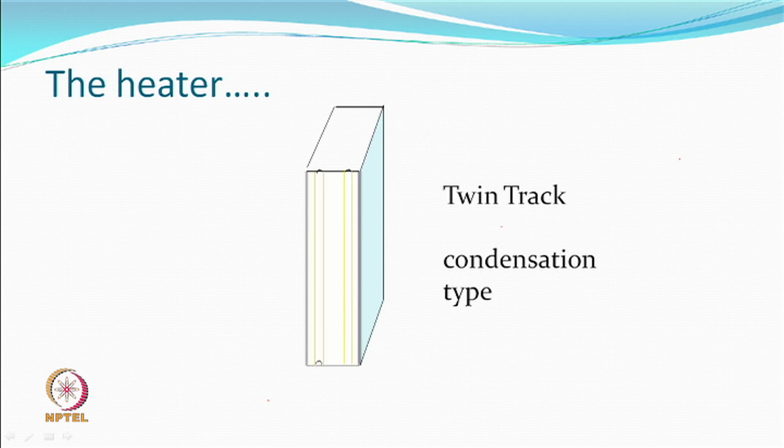So, there are blocks of heaters. It could be one big block for the whole machine, but for various reasons the volume, the heat capacity, etc. will be too large. Therefore, you say, for each position we may handle 2 yarns, and on top of it there may be 2 twisting units. So, it is called a twin track.